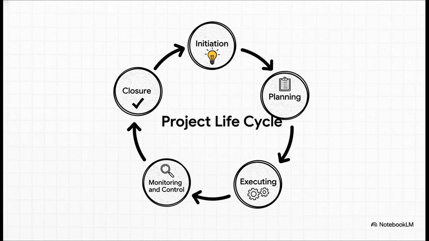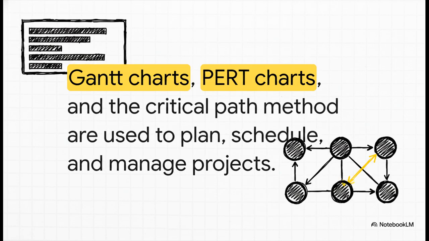While the developers are busy analyzing, designing, and coding, the project manager is using this framework: initiation, planning, executing, monitoring, and closure to make sure the whole thing actually gets done on time and, super importantly, on budget. And to pull that off, project managers use some specific tools. You just need to know what they are. So you've got Gantt charts for seeing timelines, and you have PERT charts and the critical path method to figure out the most important tasks that absolutely cannot be delayed.